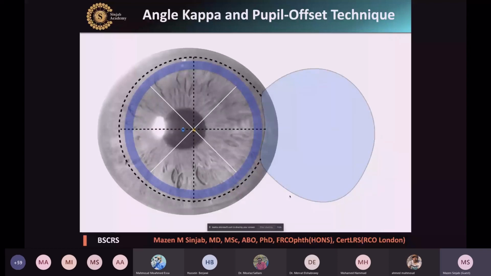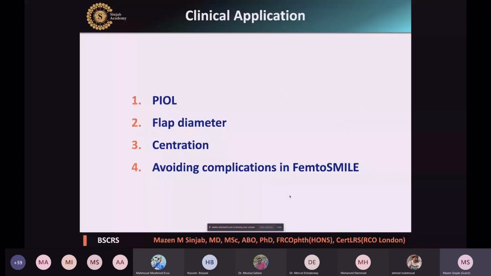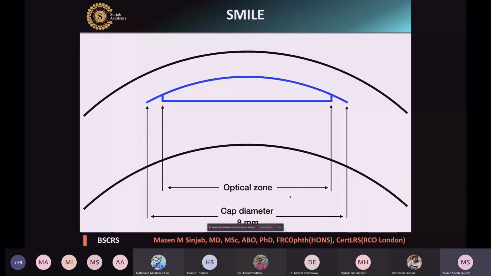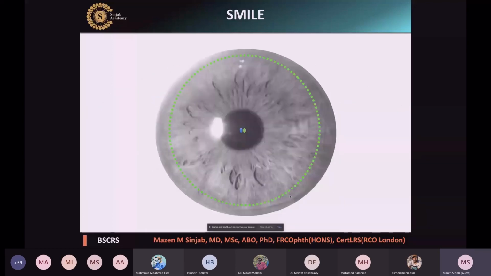We have to be sure that we can centralize the flap. Avoiding complications in femtoSMILE. This is the cut in the femtoSMILE. If the angle kappa is not significant, then the whole cut will be within the cornea. But if the angle kappa is relatively high, then we are going to be near the limbus.